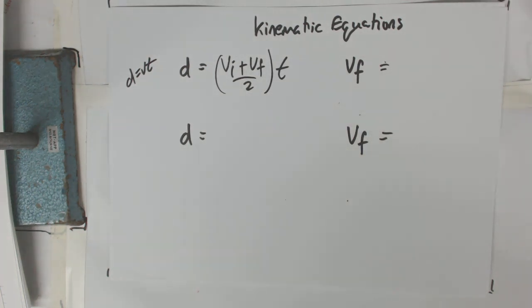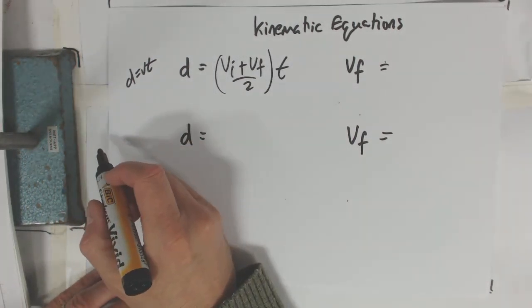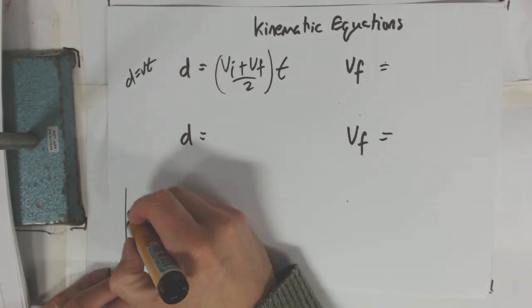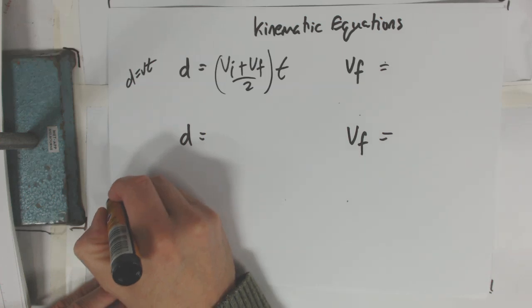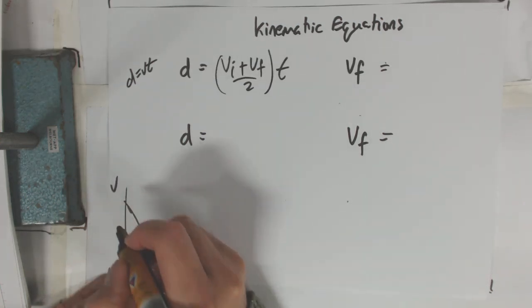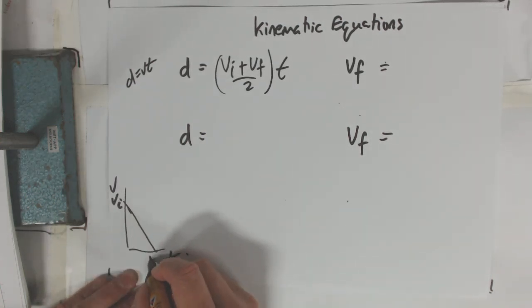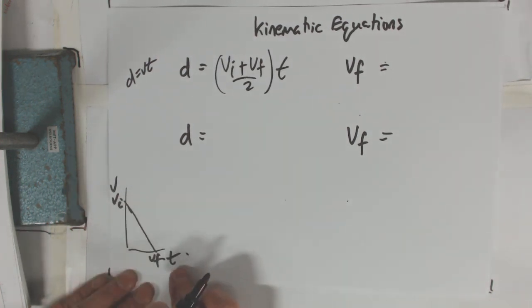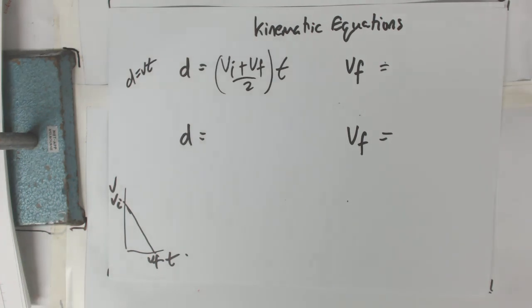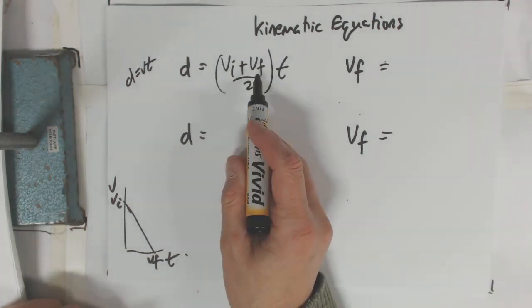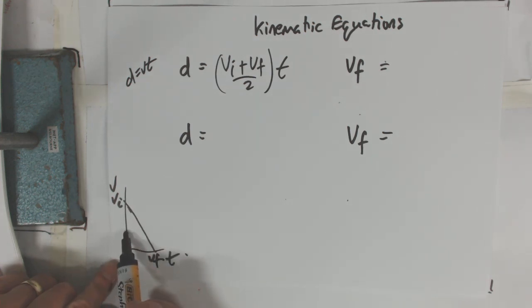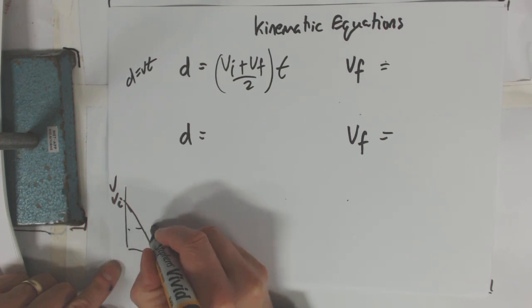Often students don't see the relevance of this one, but in some of the problems, if we've got a situation like that, this is a VT graph, right? So if this is VI and this is VF, we've got an acceleration, haven't we? And basically what it says is that VI plus VF, divided by 2, times t will give you the distance.